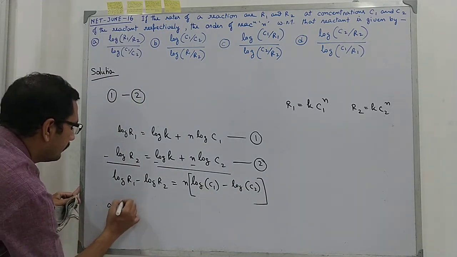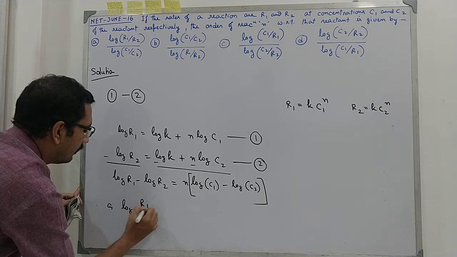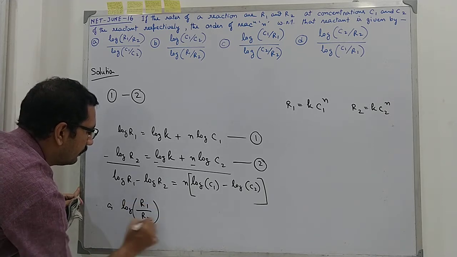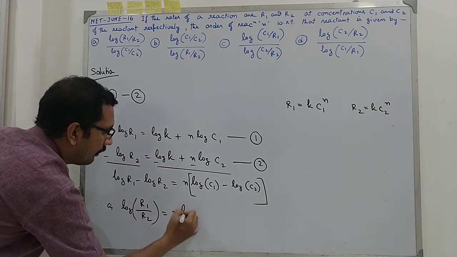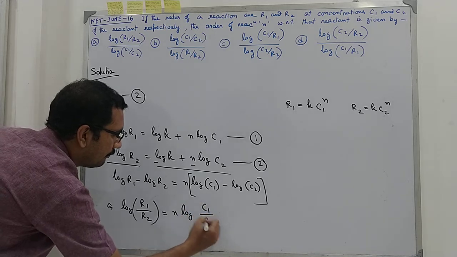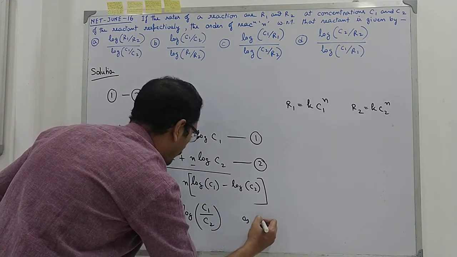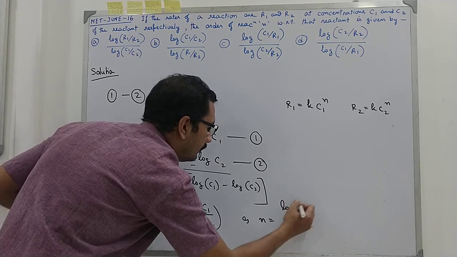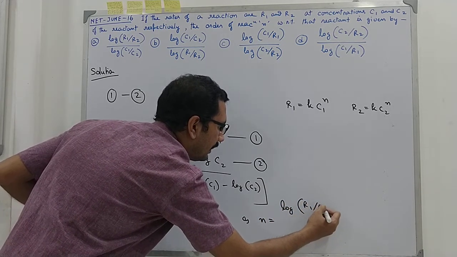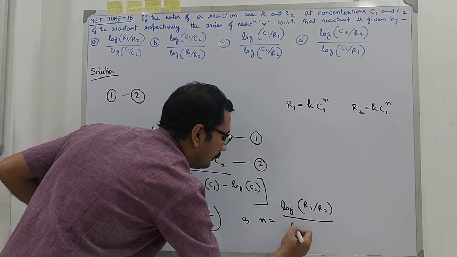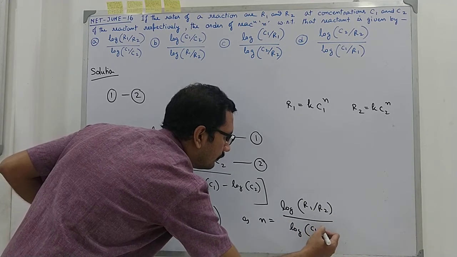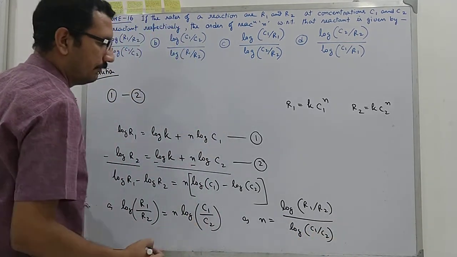So that will give us log R1/R2 equals n log C1/C2, or n equals log(R1/R2) divided by log(C1/C2).